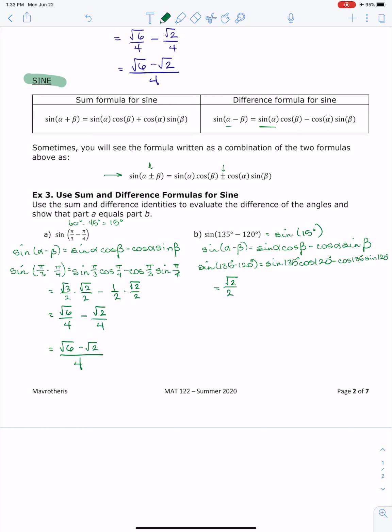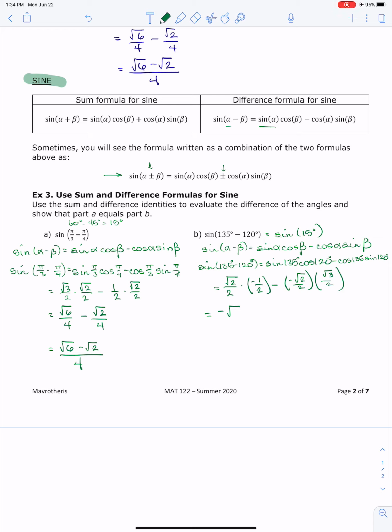Sine is positive, square root of 2 over 2. Cosine of 120, cosine is negative in quadrant 2, so negative 1/2. Minus the cosine of 135, that's going to be negative square root of 2 over 2 because the cosine is negative in the second quadrant. Sine of 120 is going to be positive square root of 3 over 2.